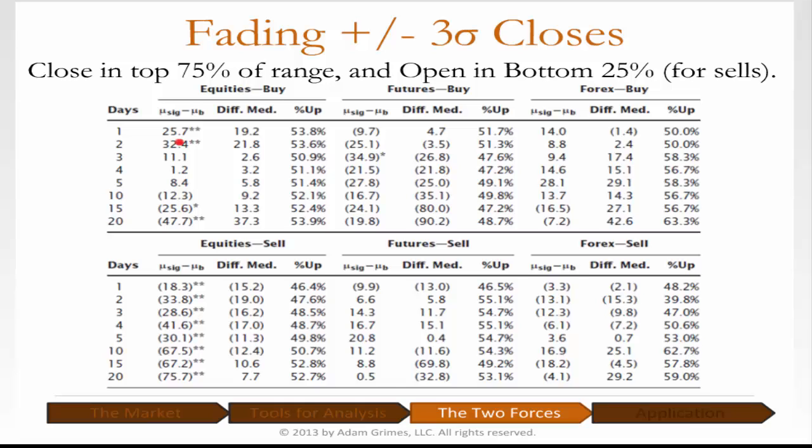If you short sharp single-day rallies, you would have a negative return 2 days later of 0.33%, 33 basis points. These are the days: 1, 2, 3, 4, 5, and then the week. So we're looking at a month out here. There are a lot of different ways to structure the test.